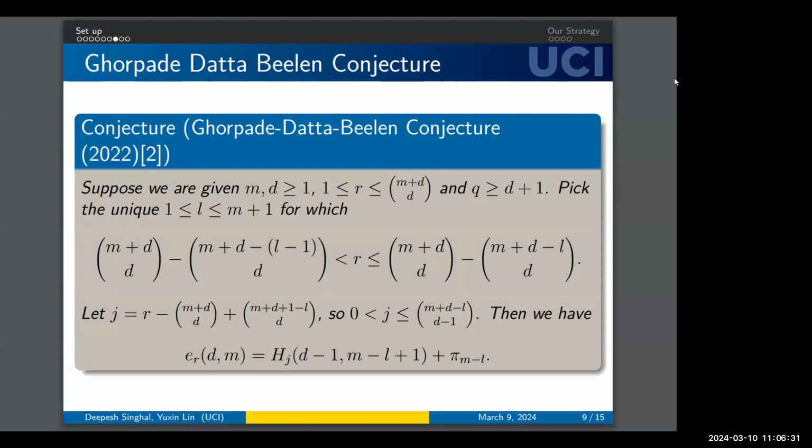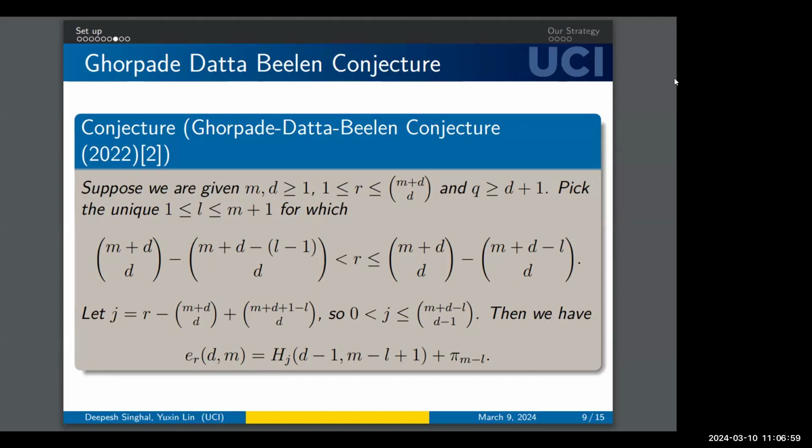So r would uniquely determine an l for which r is in a particular smaller interval. Based on this l, they put j to be r minus this quantity, and they form a polynomial in q. The coefficients are again related to those beta_1 to beta_m, those tuples.